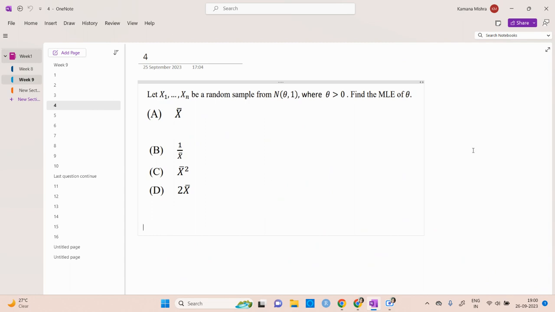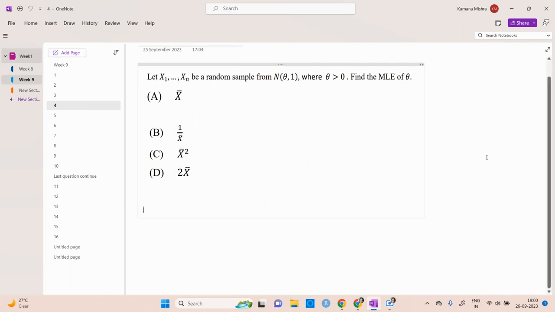Now the next question is that we want to find the MLE of theta, where the sample comes from a normal distribution. To find the MLE, firstly, with the help of f(x; theta), we create the likelihood function.